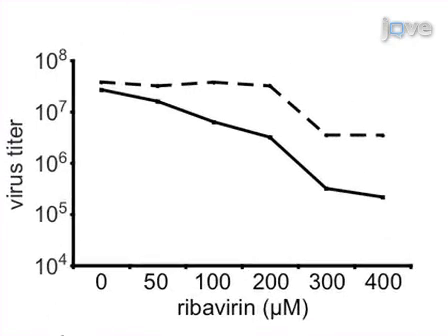HeLa cells were treated with indicated concentrations of ribavirin and infected with wild-type Coxsackie virus B3 at a multiplicity of infection of 0.01. 48 hours post-infection, the progeny virus was harvested and titers were determined by TCID50. Shown here are the titers of wild-type and A372V variant as a function of mutagen concentration.